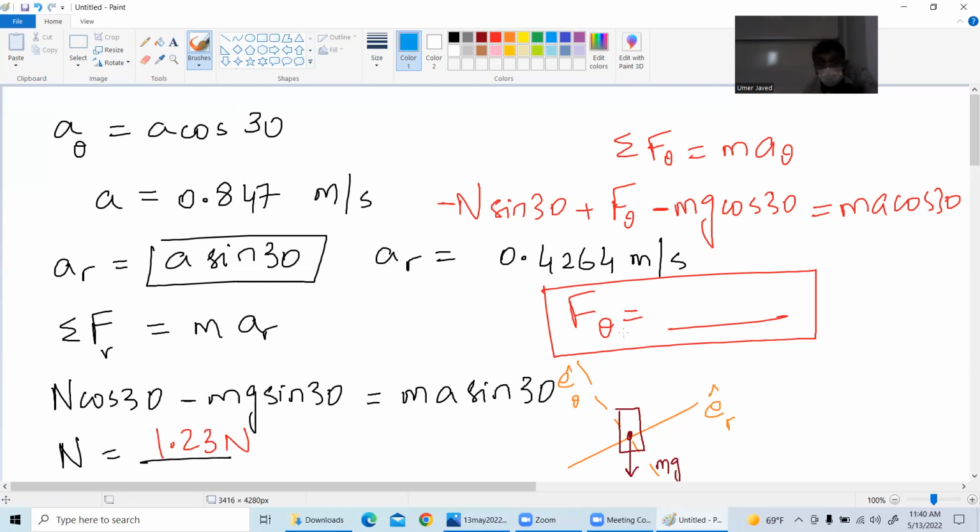This was the normal. And this was the F. The F was in the same direction as this one. So F theta. Let me use F or F theta, whatever. You can call it simple F if you want.